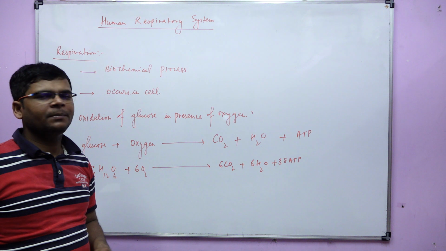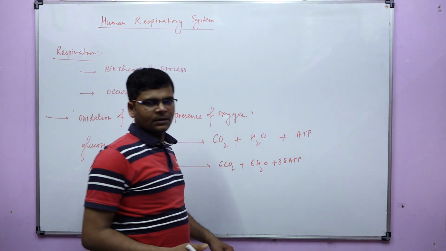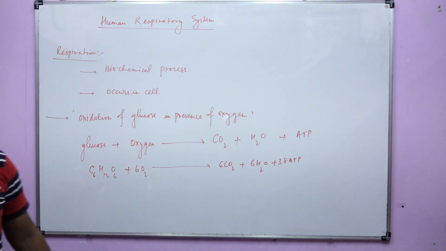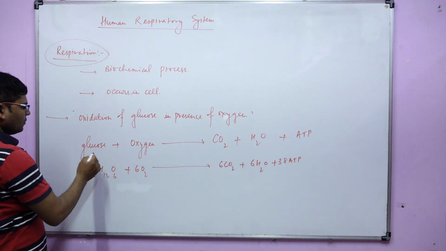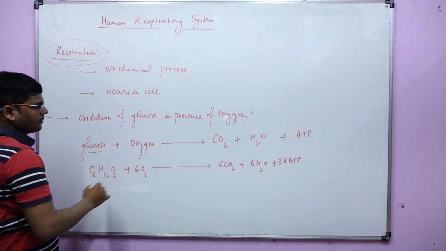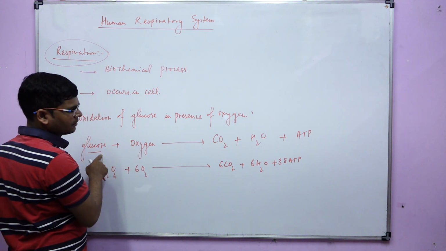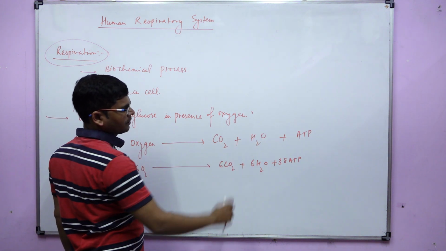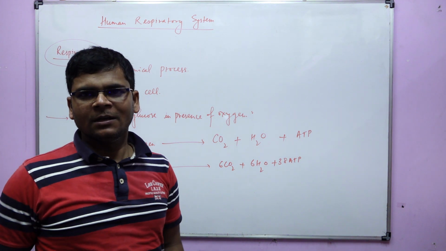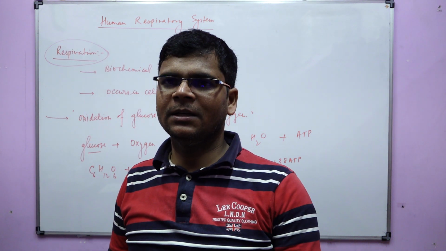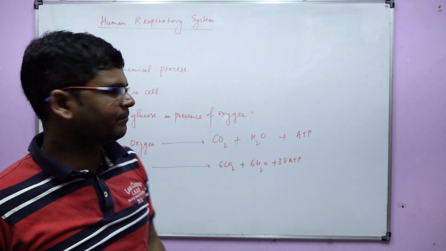Glucose is oxidized in the presence of oxygen, or broken down into carbon dioxide and water, and along with this energy is released, which is utilized by living organisms to do various activities.